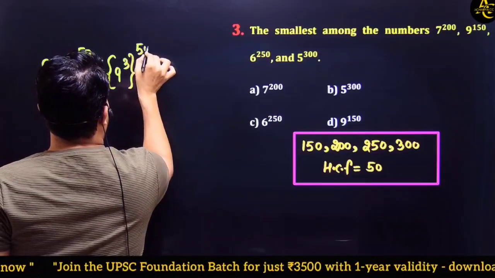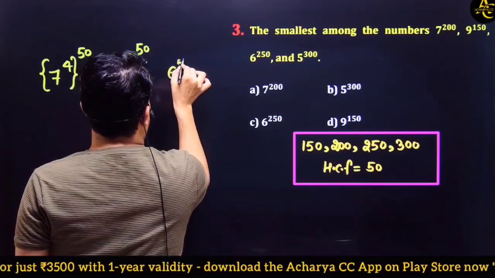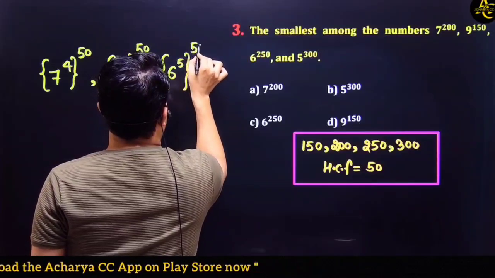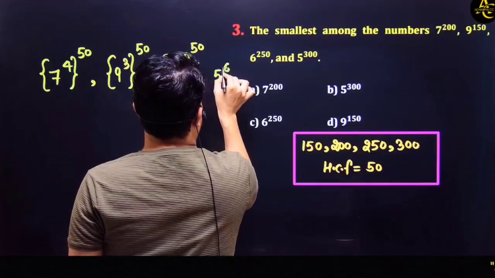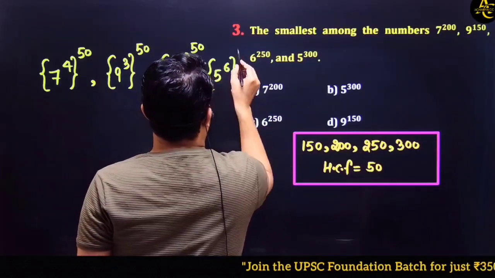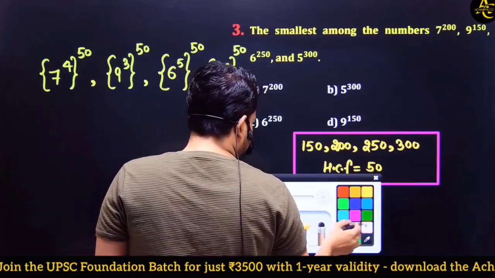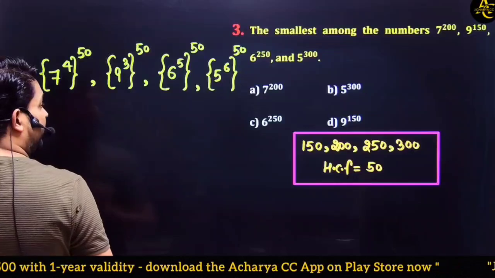Next, how we'll write? We will write 6 to the power 5, to the power 50. In this condition, he is asking the smallest number. Otherwise, if you want to find the larger number, then you have to work harder. See, the power of each number is the same, then you have to find out the smallest number.